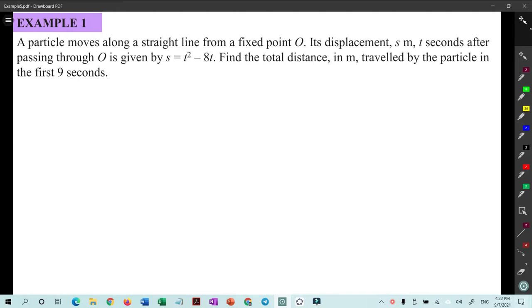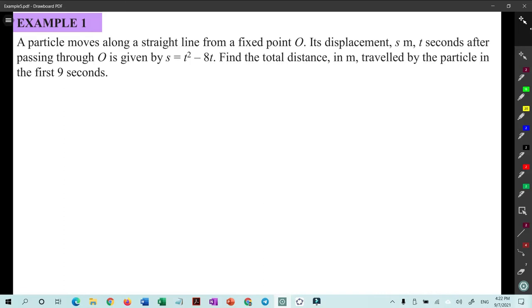So in this example, a particle moves along a straight line from a fixed point O. Its displacement s meter, t seconds after passing through O, is given by s equals t square minus 8t. Find the total distance in meter traveled by the particle in the first 9 seconds.